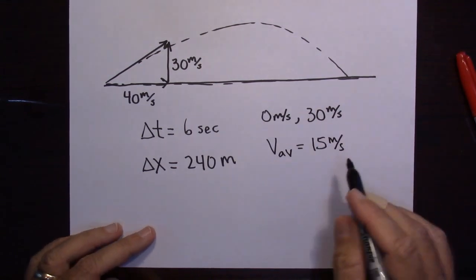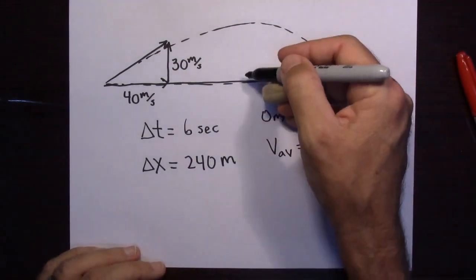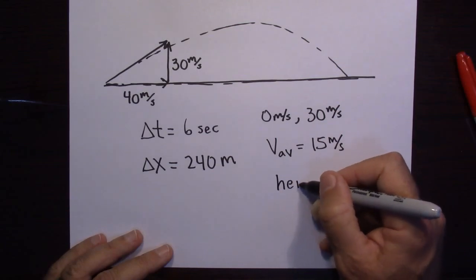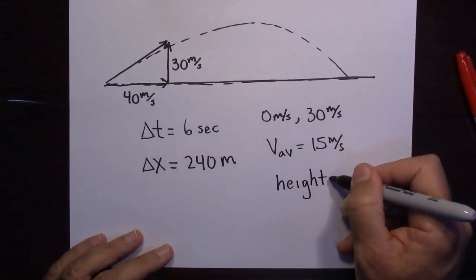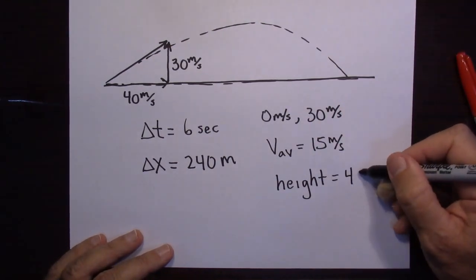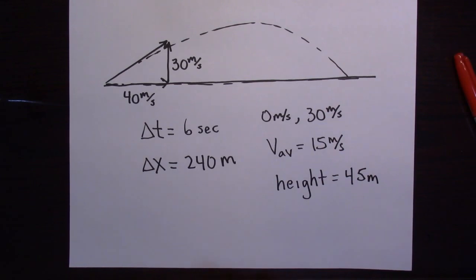If it was going on average 15 meters per second for 3 seconds, the time it takes to get up there, then the maximum height is going to be 3 seconds times 15, so 45 meters. See how easy that is once you get the hang of it?